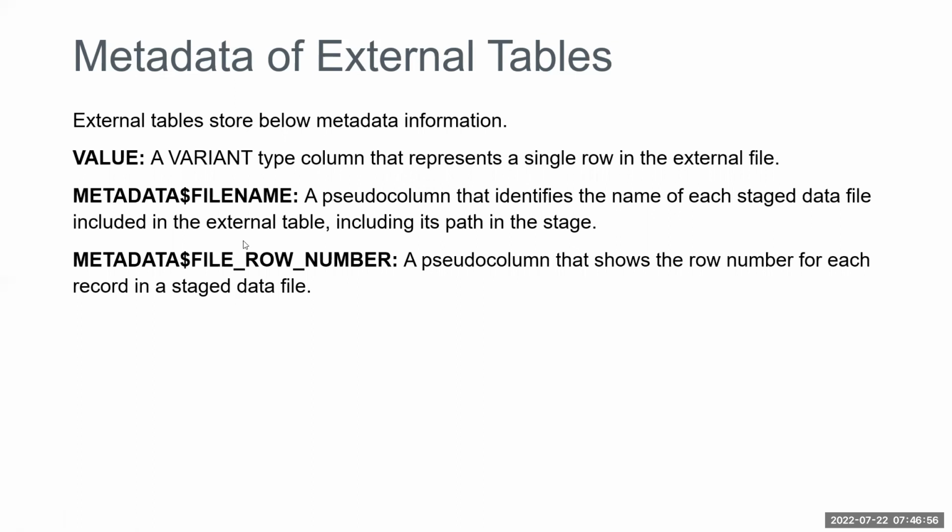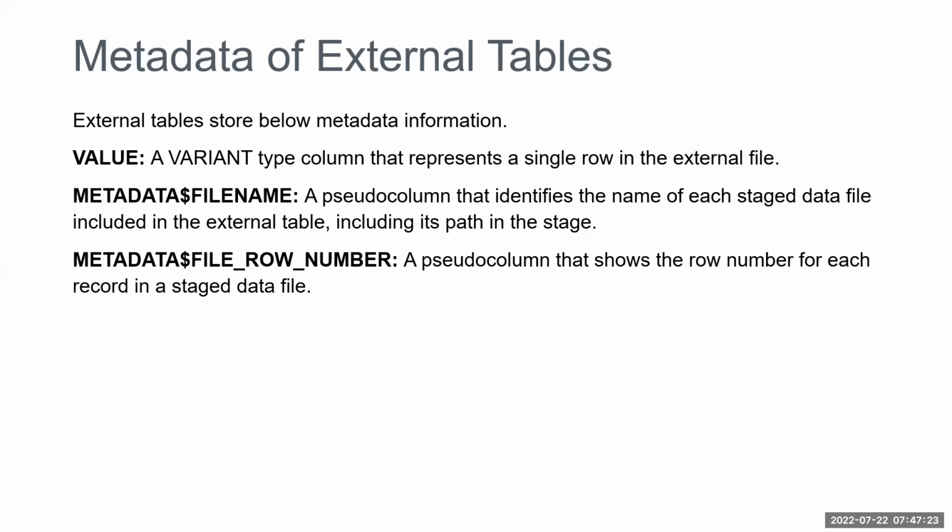Okay, so there is one more metadata field, metadata file name. Suppose I have 10 files or 20 files, not only a single file, and I have created one external table on those files. Whenever I'm fetching the data, along with the data, I want to know from which file I am bringing the data. Suppose there are millions of records stored in those 10 files.